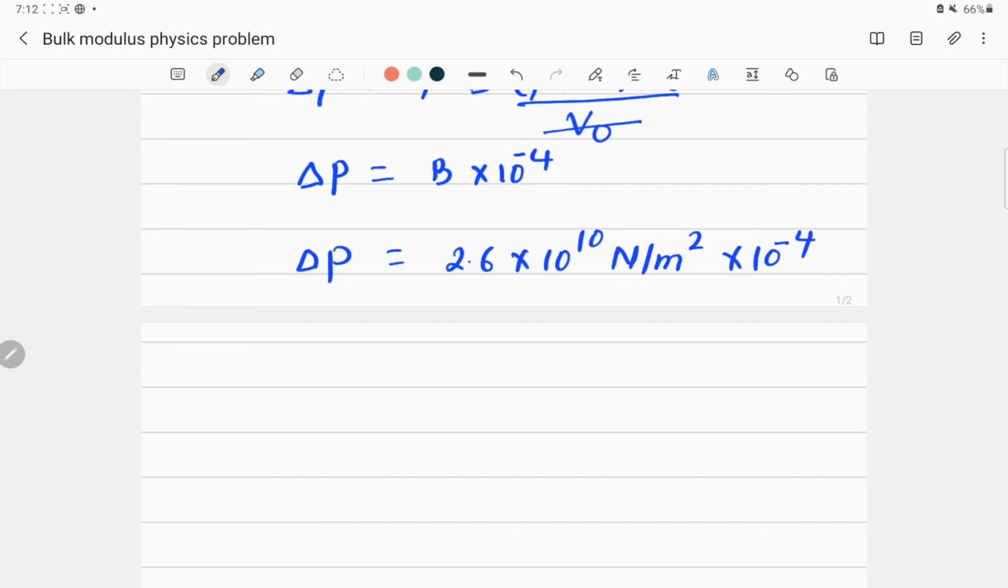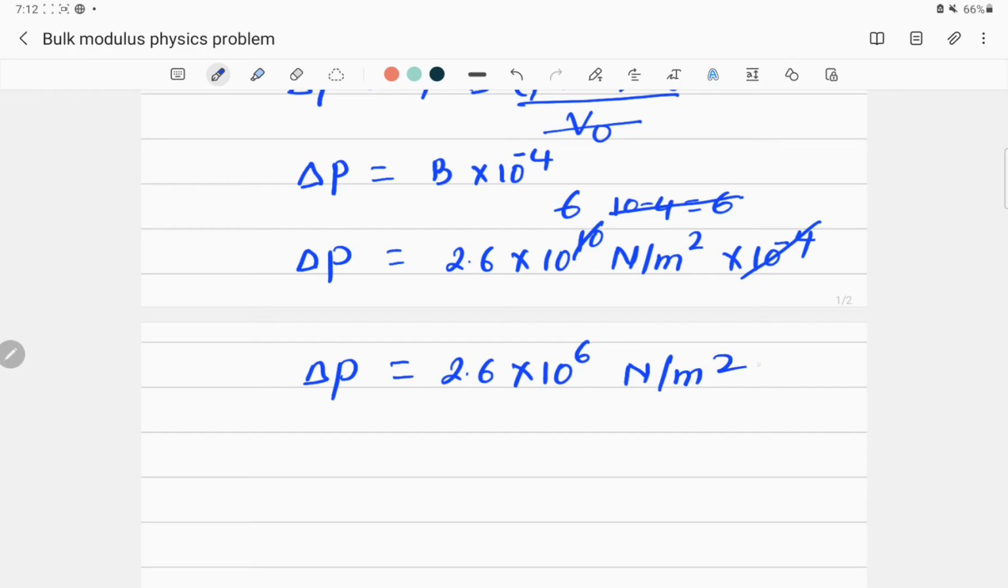From here we get ΔP: 10 minus 4 gives 6, so I can write ΔP equal to 2.6 × 10^6 newton per meter square.